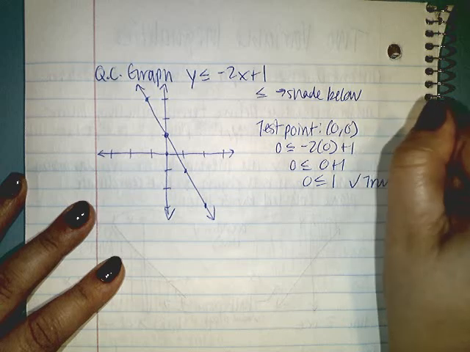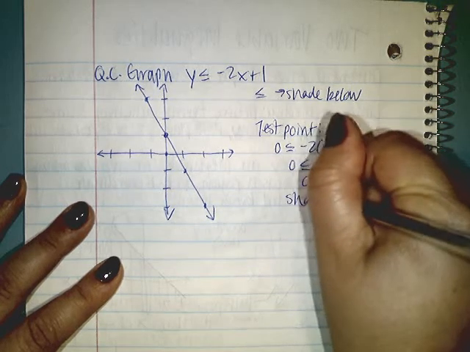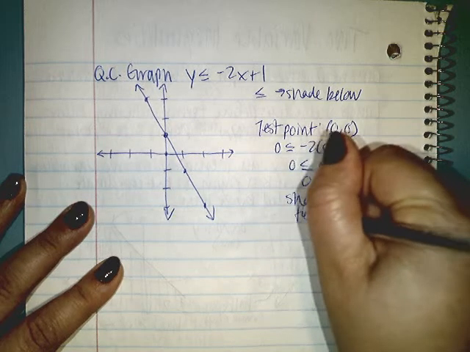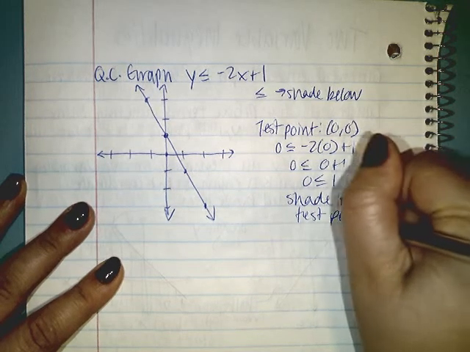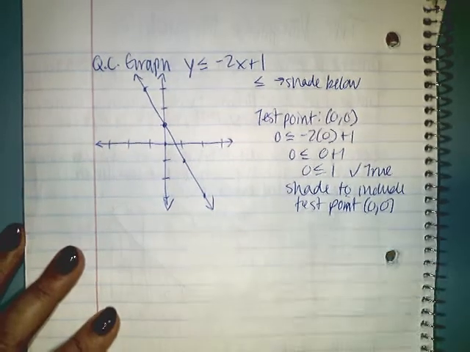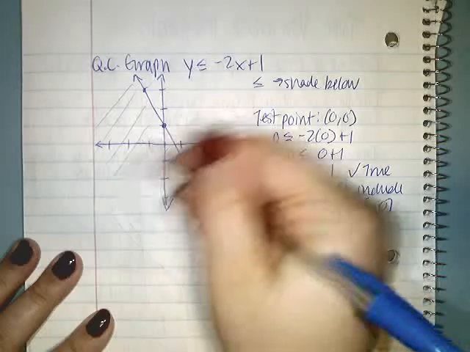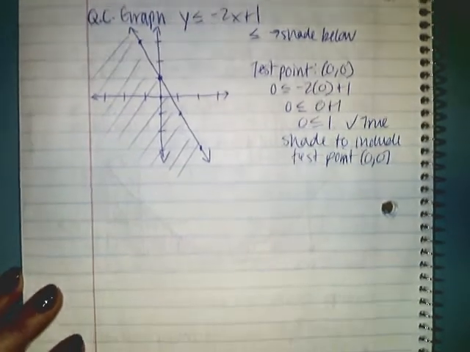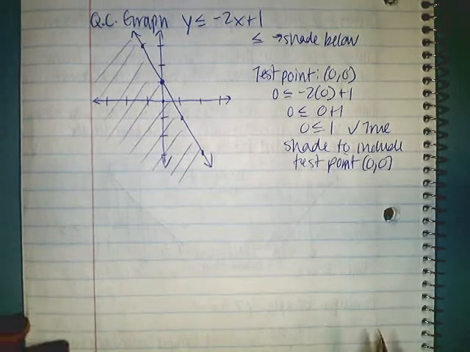That is true. So I shade to include the test point, which in this case is 0, 0. So I'm shading this way. So that's my answer.